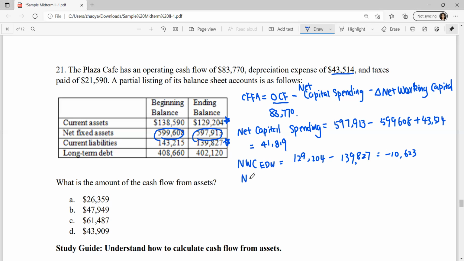And net working capital for the beginning balance is current assets minus current liability.